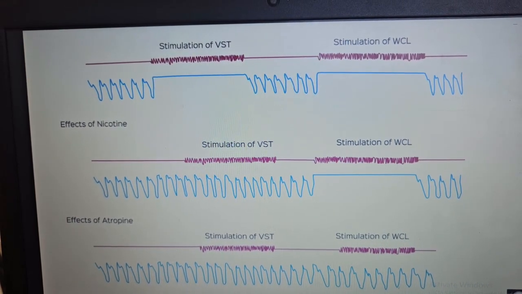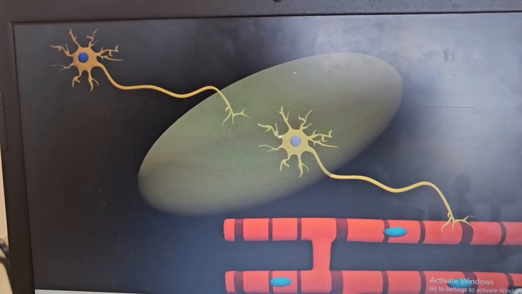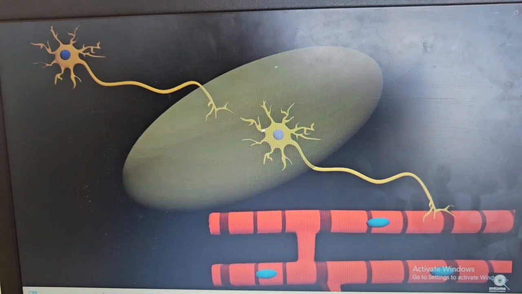Now let's see what happens to the neurons in the presence of nicotine. Nicotine inhibits or blocks the nicotinic receptors on the postganglionic neurons.